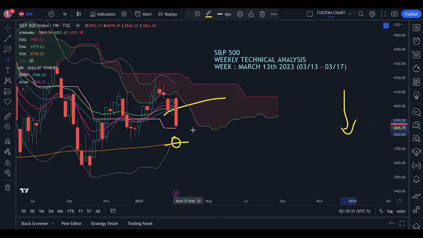Then comes the EMA, the moving averages. If one more bearish candle comes, then next week itself there will be a bearish crossover in the moving averages, and that will be perfect, because once that happens, the S&P 500 on the weekly chart will be 100% bearish.